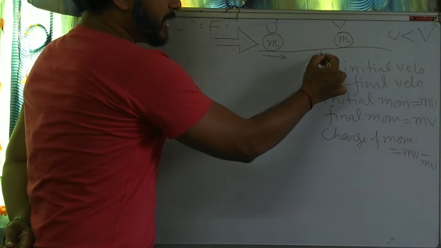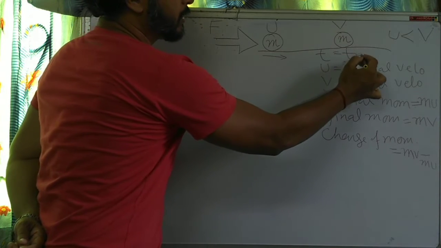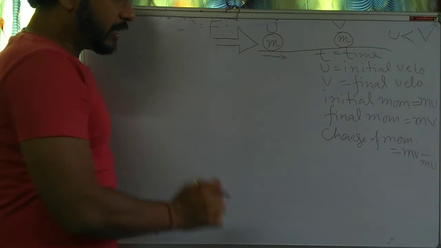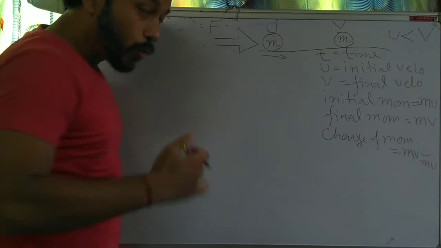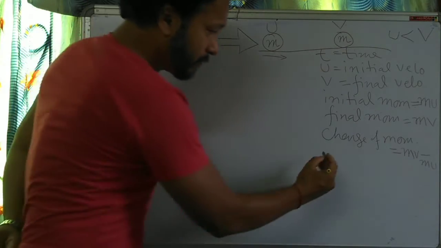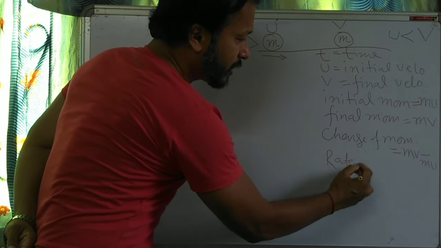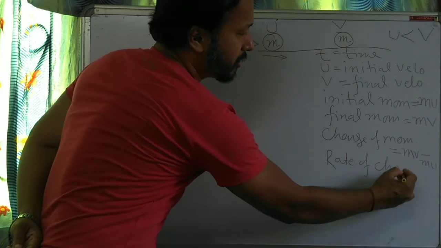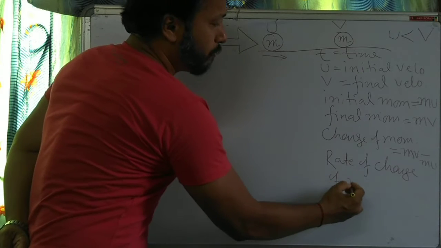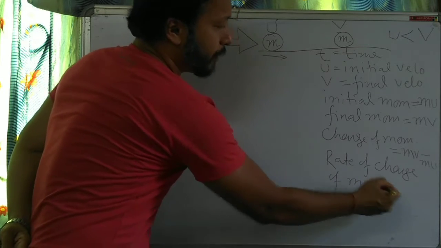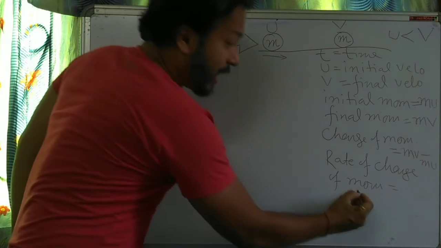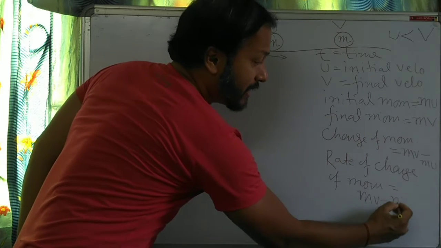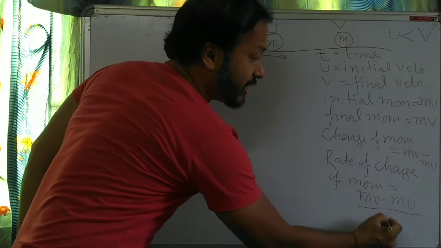So if t is my time, then change of momentum is this. What is the rate of change of momentum? Rate of change of momentum equal to mv minus mu by t.